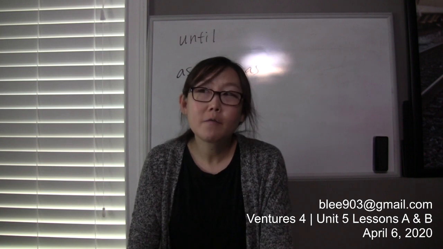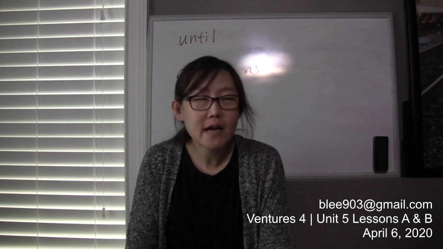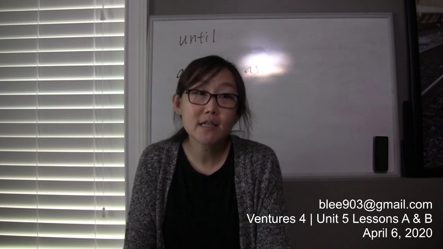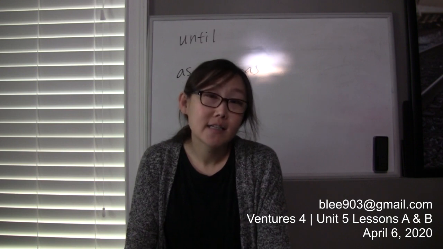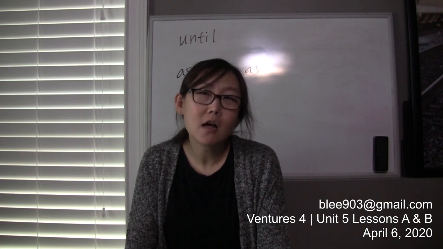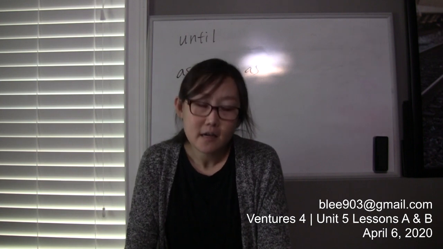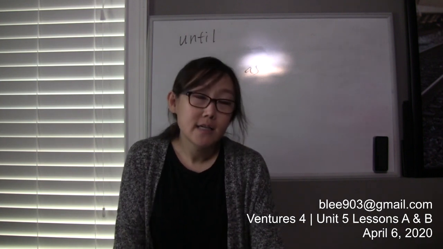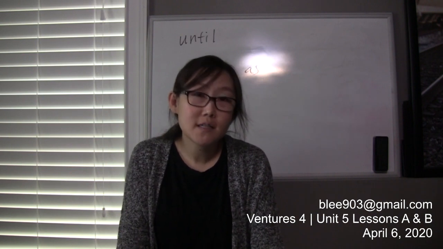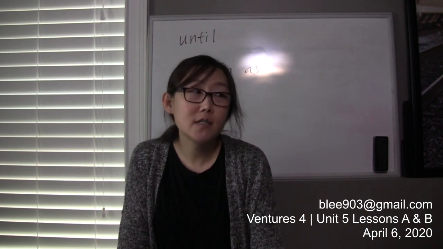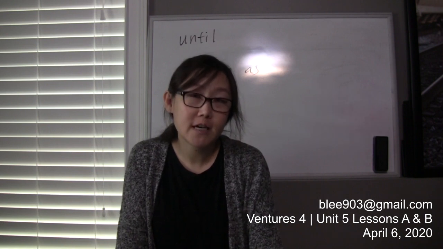So if prices go down, we say go down. We don't say will go down, we say go down. So that's present tense. And then we say I will buy tickets. So the main clause, I will buy tickets, includes the future tense. So it's the same thing for these time clauses using until and as soon as. For the dependent time clause, we just use present tense, and the main clause includes the future tense.